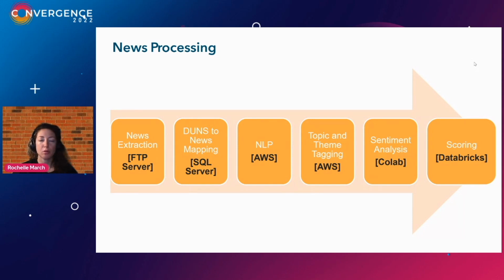And then the analytical process is happening over in Databricks. We put it into the analytical model and do that scoring from -1 to 1. So lots of different platforms and infrastructures, all working together. And this is just a slice of the large pie of services and tools that we're using at Dun and Bradstreet to take into account different data that we're ingesting all of the time.